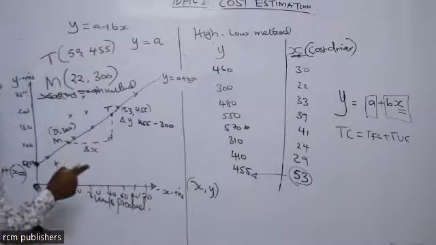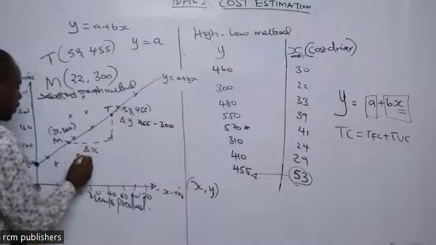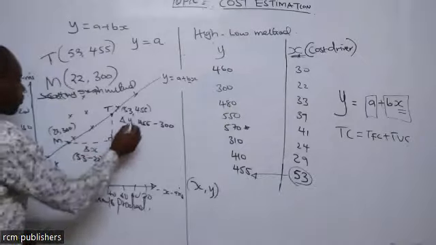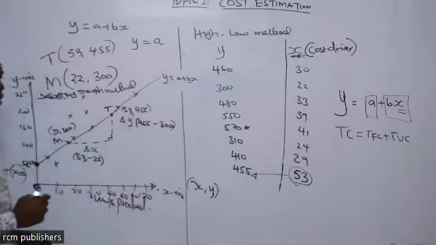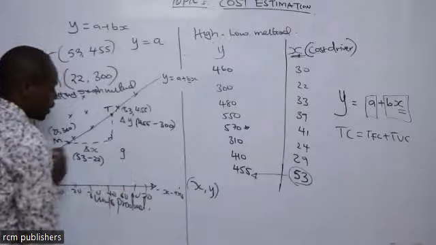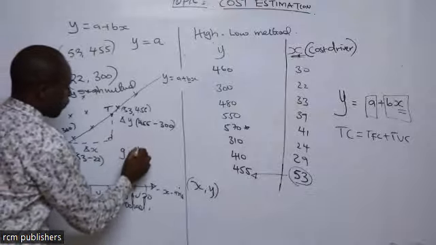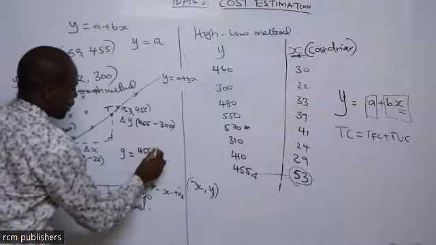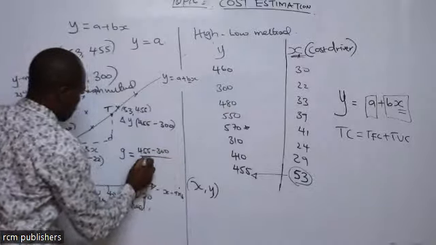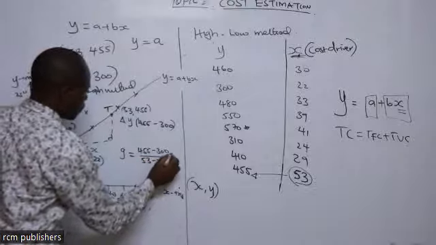We divide by change in x, which is 53 minus 22. So the slope or gradient of that curve is equal to 455 minus 300 over 53 minus 22.